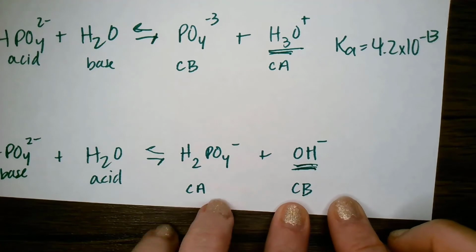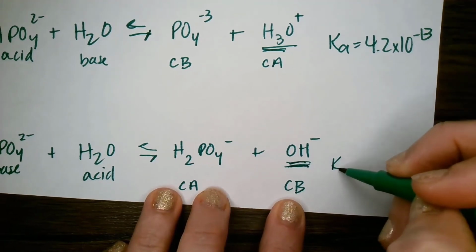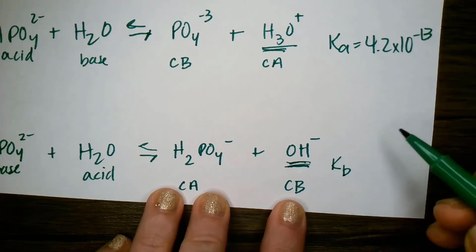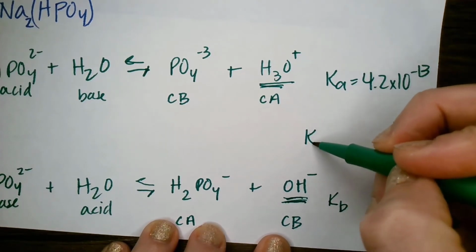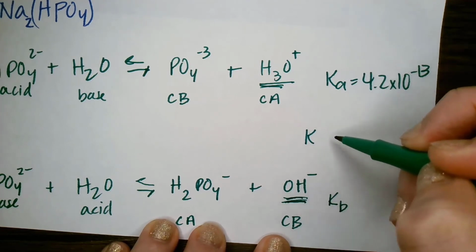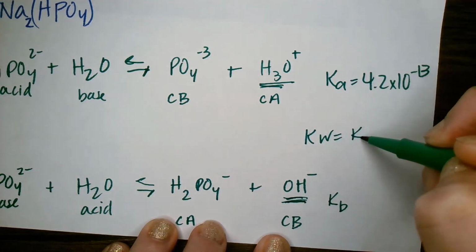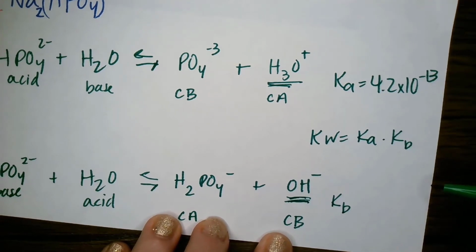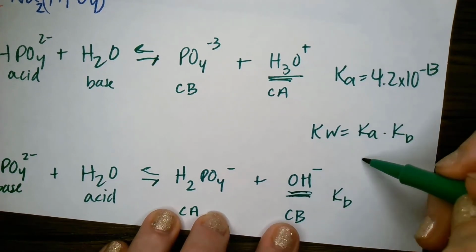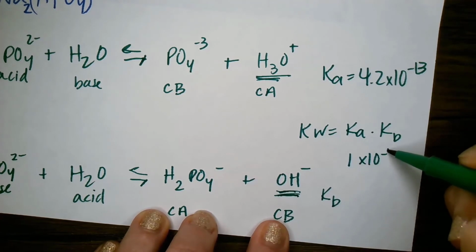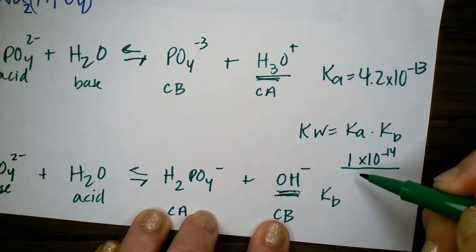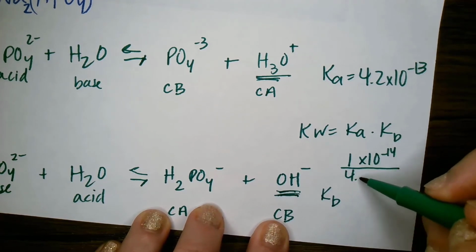But how do we know which one's stronger? Well, we need to find this K constant. In this case, though, we're going to be finding the Kb value. And how do we find the Kb value? Well, remember that expression that Kw is equal to Ka times Kb? So we know Kw is 1 times 10 to the negative 14th.